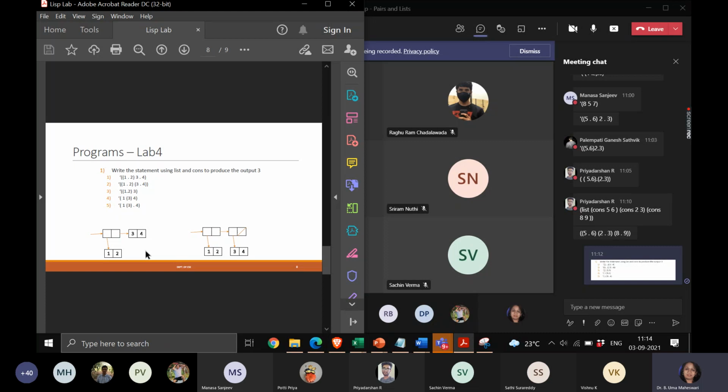So the diagram as well is given here. You can see the screen. If you look at parsing from the first character, there is a pointer and inside 1, 2. 1, 2 is a constructor. So cons.